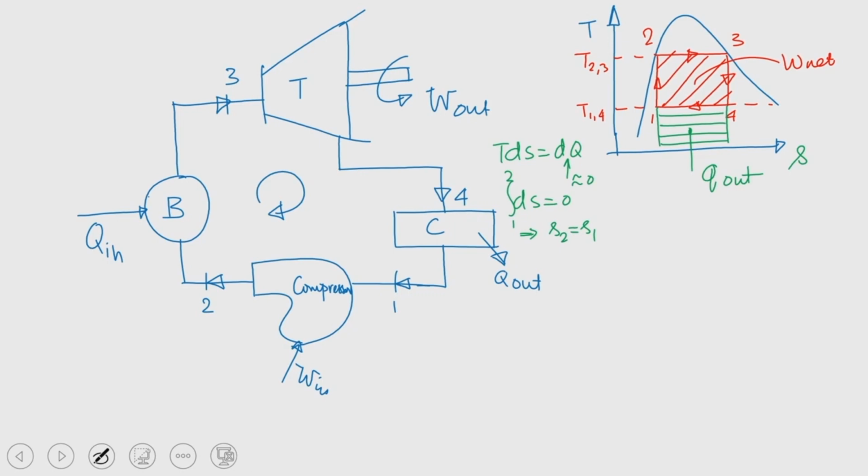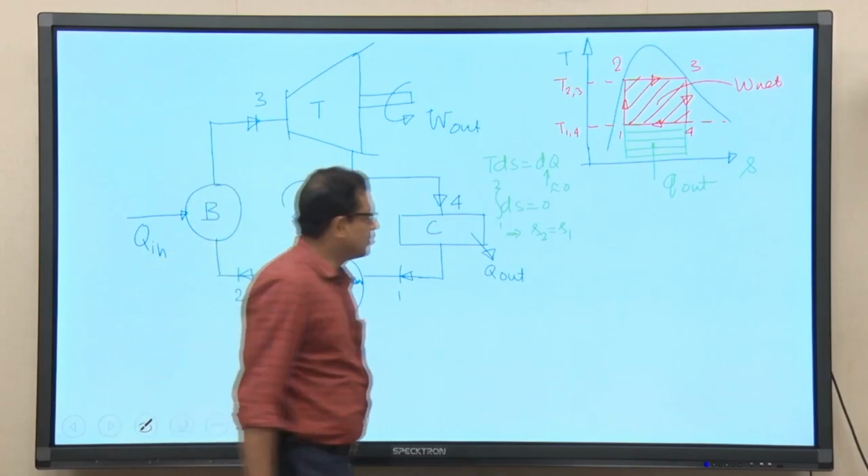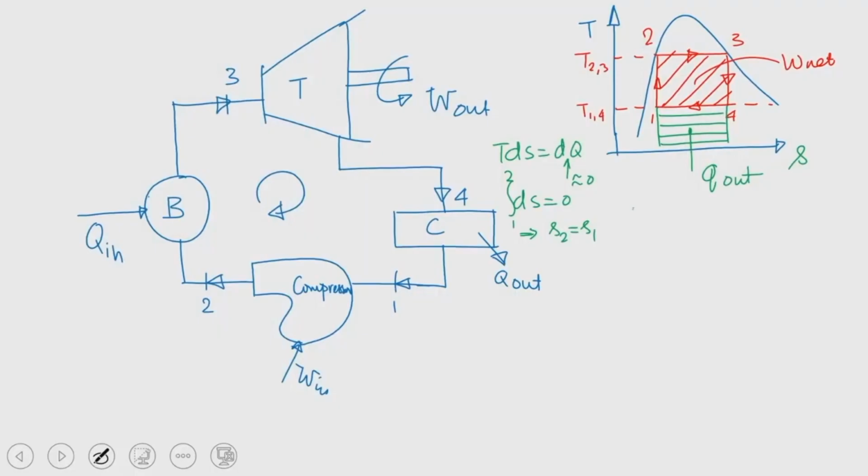So, 1 to 2, S2 equal to S1. 2 to 3 is constant temperature heat addition, a reversible isothermal process, and 3 to 4 is reversible adiabatic expansion, that is, the process takes place while steam is passing through the turbine, and finally 4 to 1 is constant temperature heat rejection.